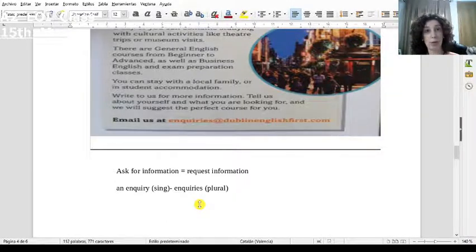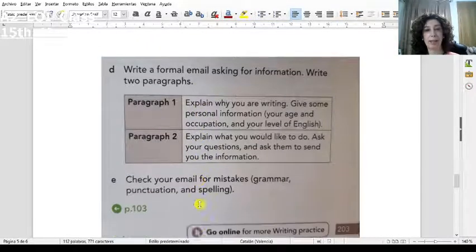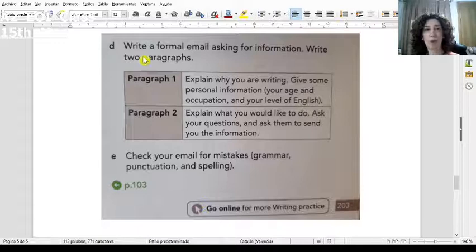And now it's your turn. Here you have. Write a formal email asking for information. Write 2 or 3 paragraphs. The first paragraph, for sure, explain why you are writing, give personal information, your age, occupation, and your level of English.